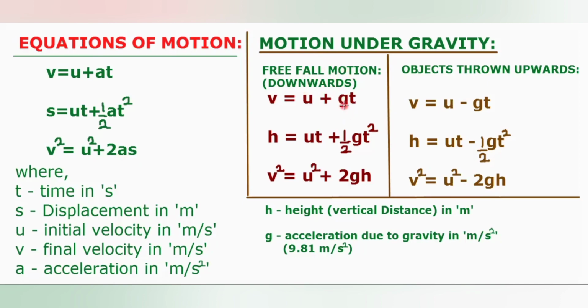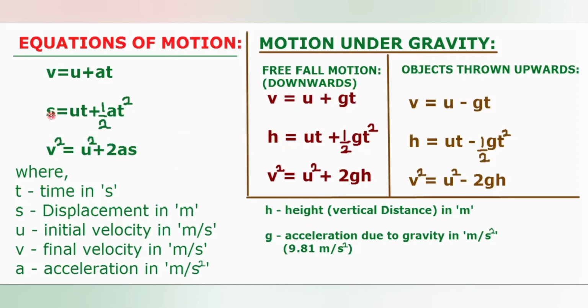So the change from the previous equations of motion is that, instead of linear acceleration, the object is moving under the influence of gravity, so a is replaced with g. Then to define the vertical distance, we put another term h, height, instead of s.